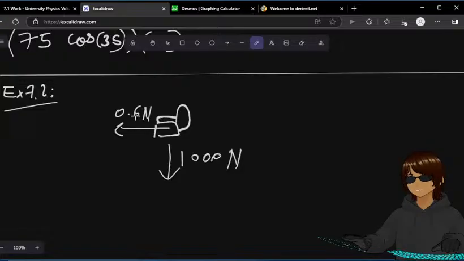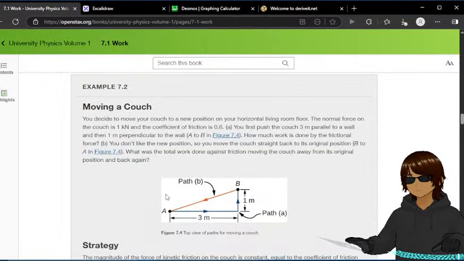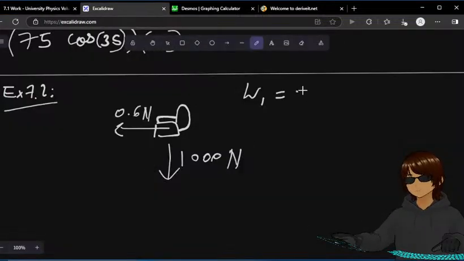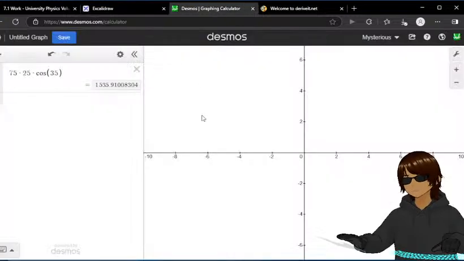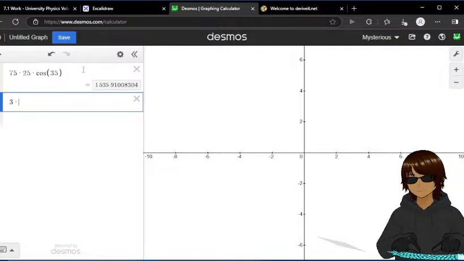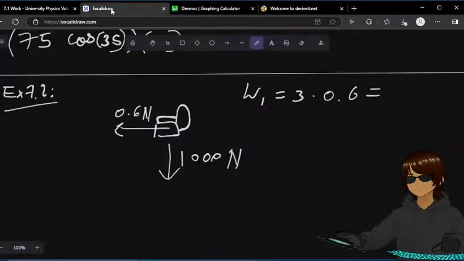The friction force, however, so work one is 3 times 0.6, they're in the same direction. 3 times 0.6 is 1.8 joules.